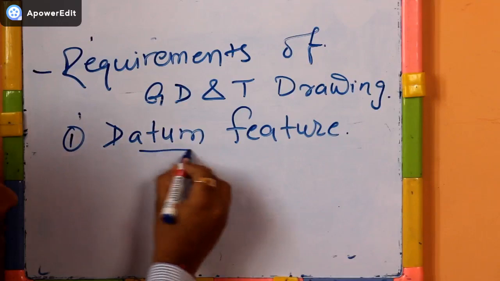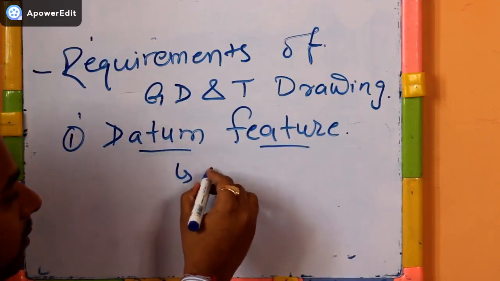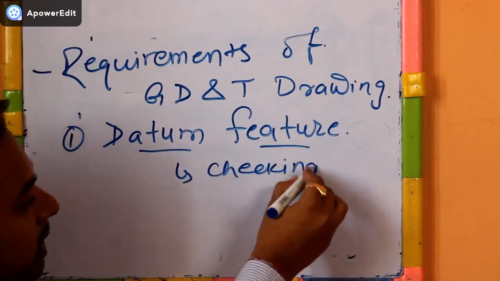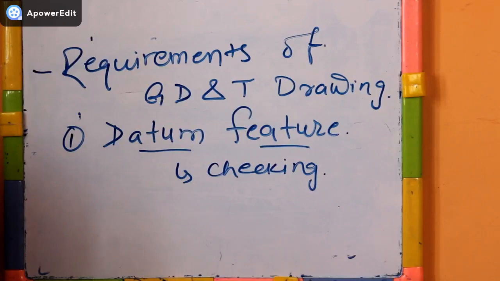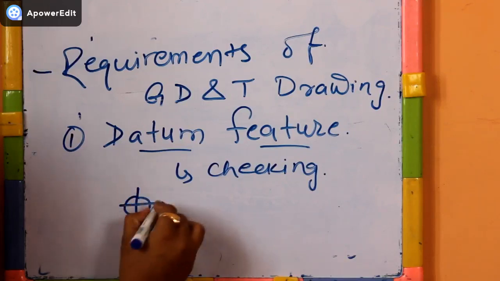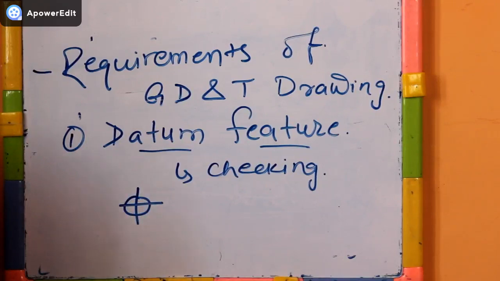So this datum feature will be used while checking that component, meaning while taking the measurements, for the hole location and perpendicularity, because position control, location and orientation, it requires position control for this particular component.